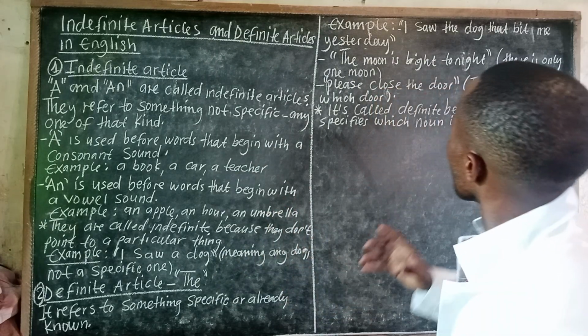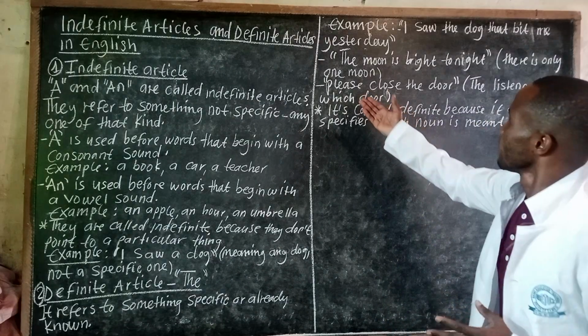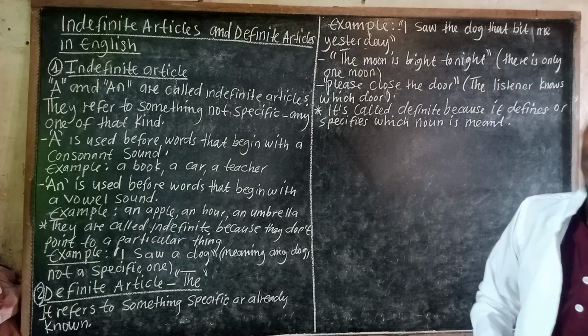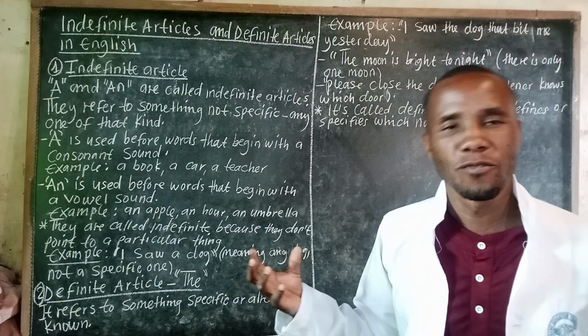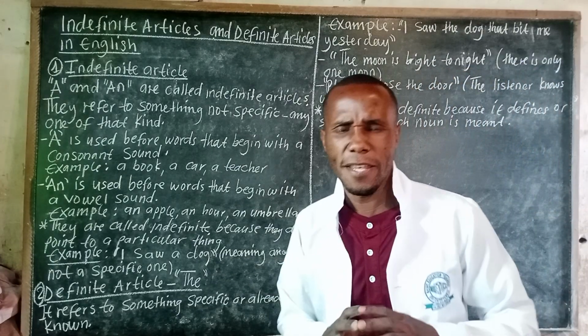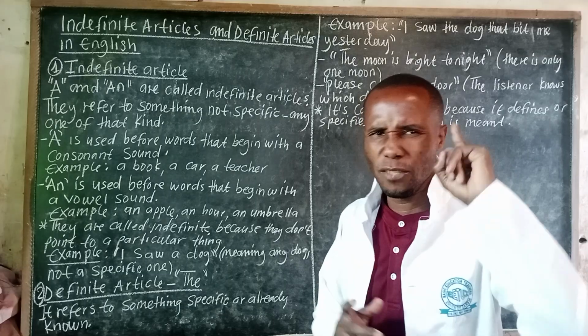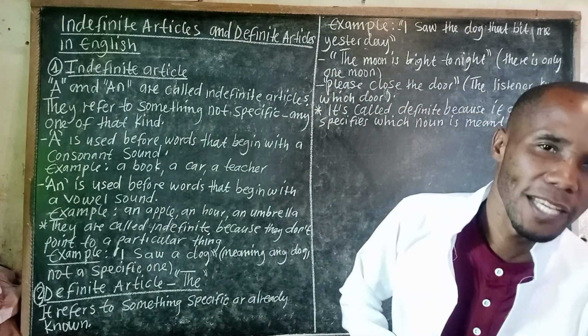Okay, so now we can go to the next point under the definite article. The moon is bright tonight. There is one moon. So when you are talking about things that exist alone, just one, like the moon, the sun, you can't say a sun.